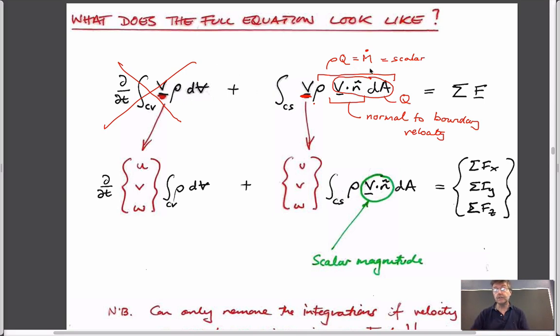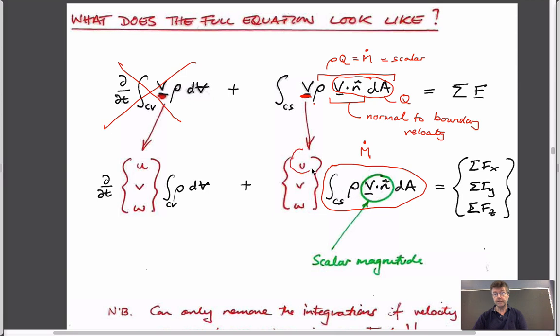Maybe it seems backwards. So this is a scalar quantity, but it's multiplied through by a velocity. And so it's perhaps not surprising that this term here is basically this mass flow rate. And so multiplying mass flow rate by the velocity in the x direction gives you one equation.